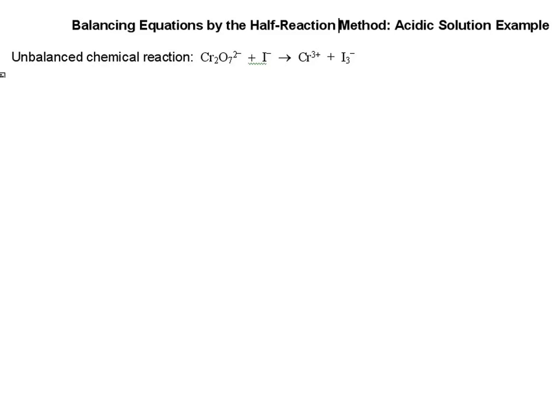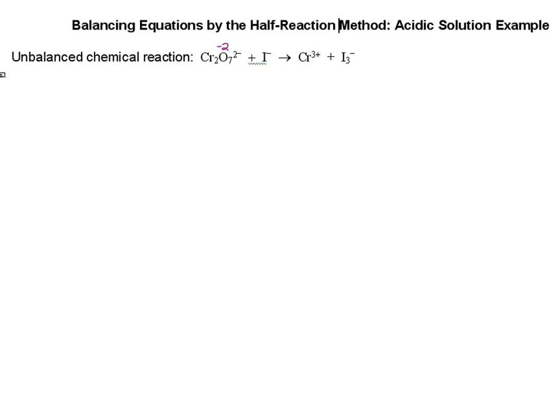Let's come up with oxidation numbers for the Cr, the O, and the I. For the dichromate, Cr2O7, I don't know what the chromium is necessarily, but I know that the oxygen is -2, and there are 7 of them.